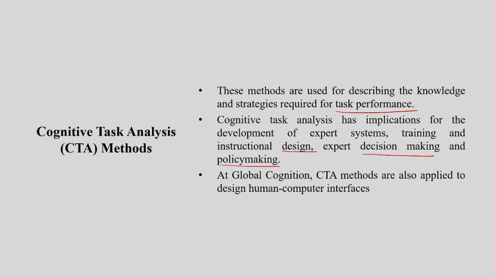It is not only a desktop or laptop or something like that, no. Any system where a machine is present, how the interactions are happening, that is going to be analyzed in this particular cognitive task analysis method.